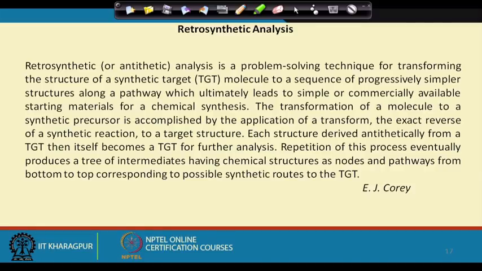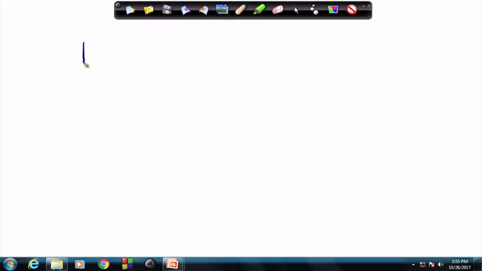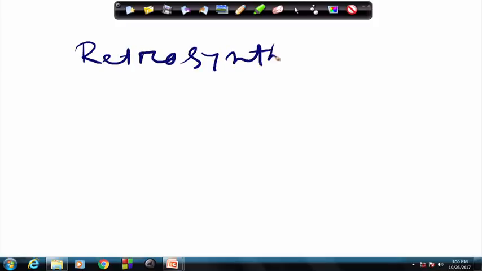Now, what is retrosynthesis? As I said earlier, retrosynthesis is basically the way of thinking back. The term retro basically gives you a backward approach.